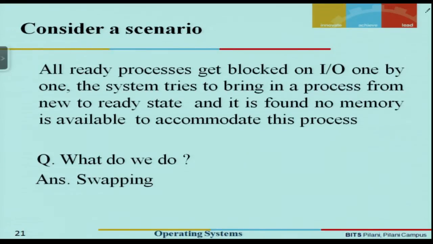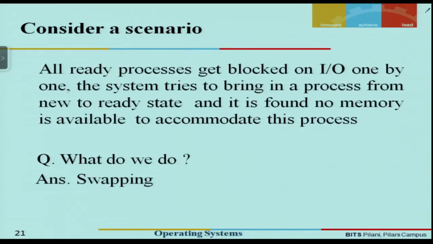To handle such a situation, what was suggested was a technique, that is swapping. In swapping, a blocked process which is waiting for some resources, some IO services to be completed, is swapped out of memory.